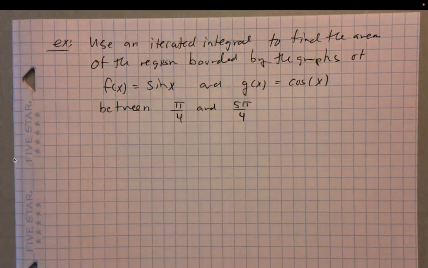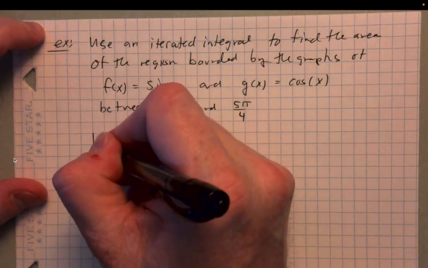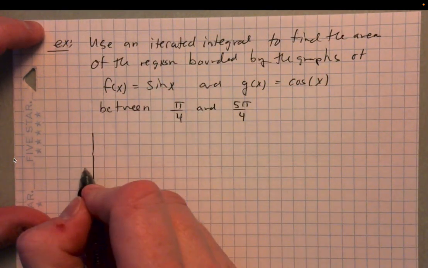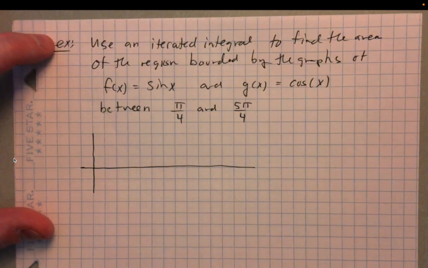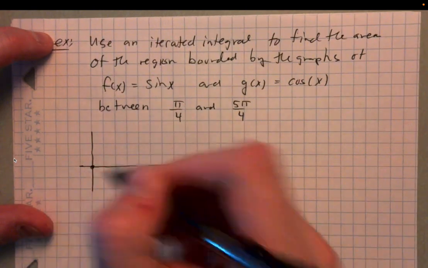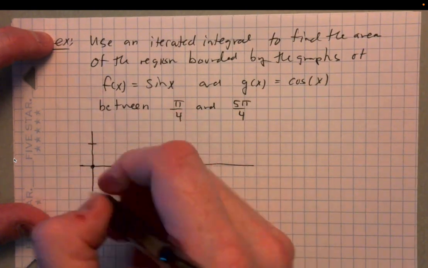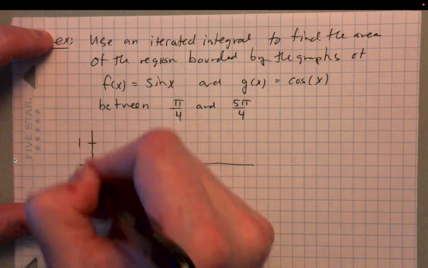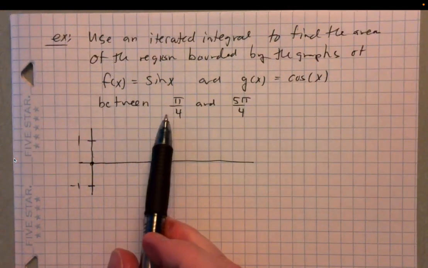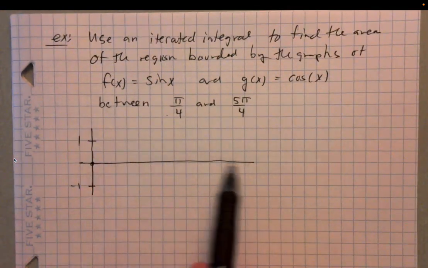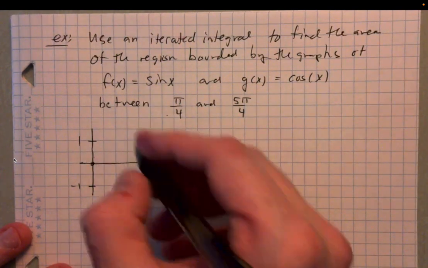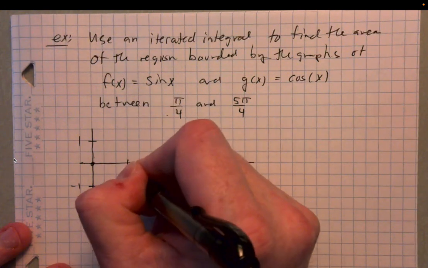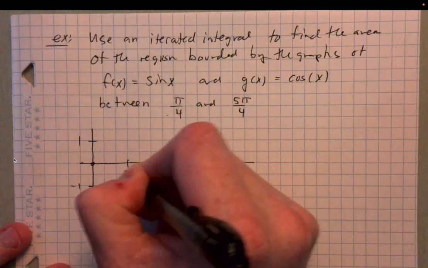Okay, all right. So I'll try to draw this first. It's not too bad to draw, but because it's sine and cosine, bear with me. So we'll start with the sine function. We know the sine function starts down at 0, and then it's going to hit a max of 1 and a min of -1. And we're just interested in between pi over 4 and 5 pi over 4, so we can just move to the right. This is going to be pi over 2.